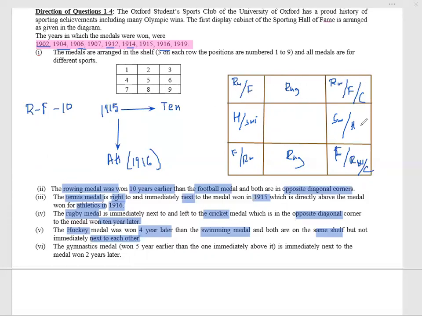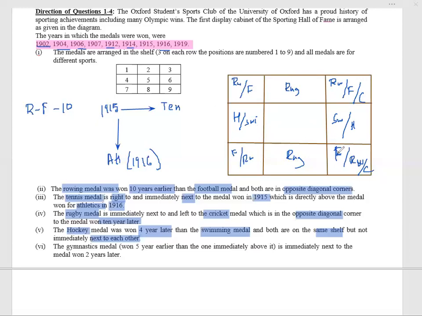It cannot take this position, because if cricket is taking, rugby or rowing is taking this one. So the only possibility left for tennis, athletics and 1915 is this one, with the assumption that rugby, rowing and cricket are taking these three.